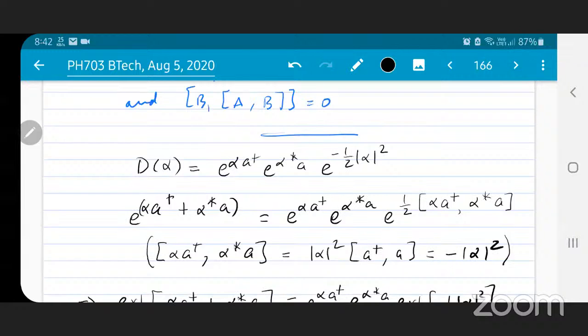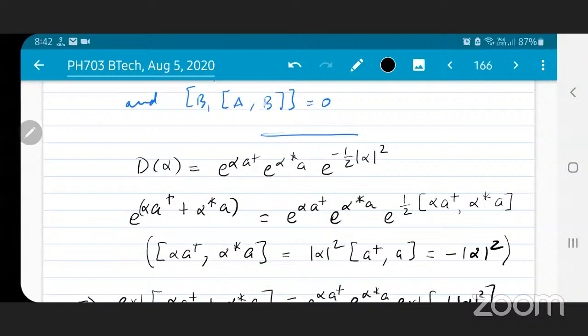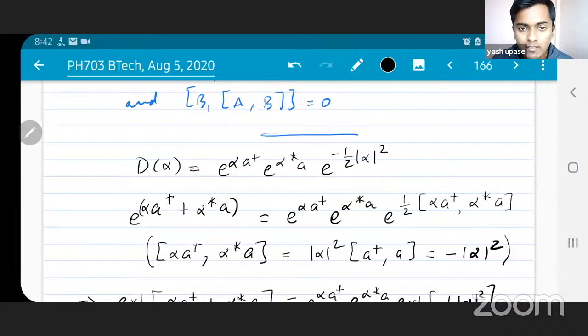Not sure exactly where. So let me just check. Do we have a minus sign in the BCH identity?